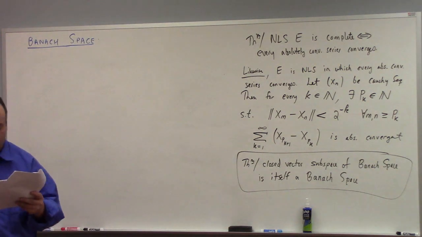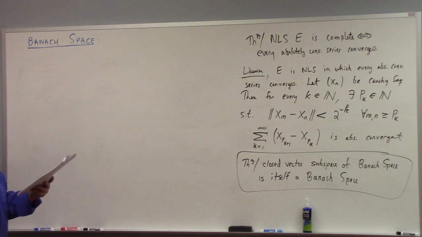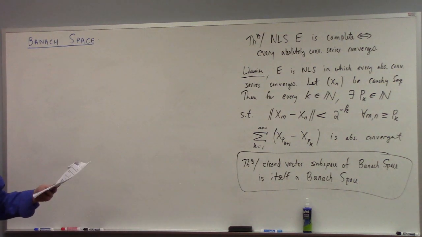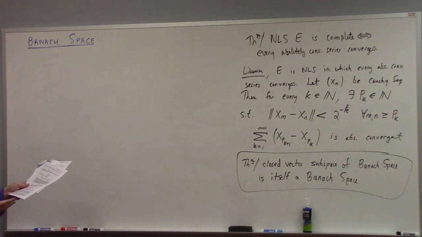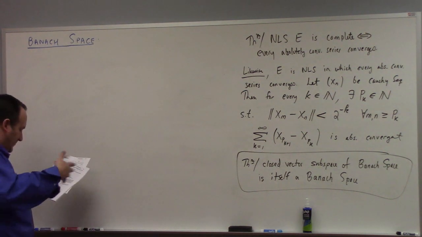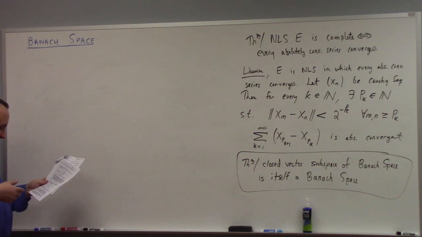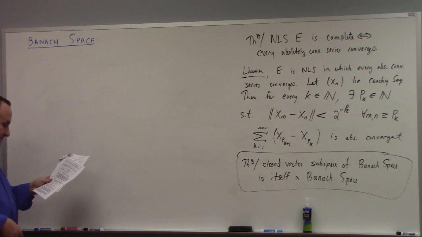If you have a Cauchy sequence in the closed vector subspace, it's still a Cauchy sequence in the total space. The Cauchy condition applied to a subspace still gives you the Cauchy condition for the superspace in which it lives. Therefore, because we're in a Banach space, it converges.